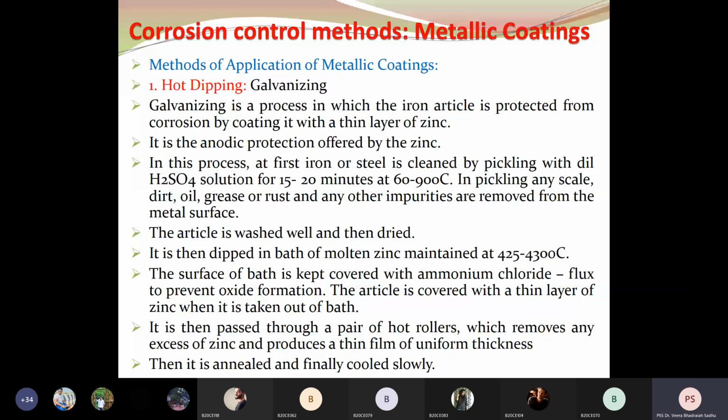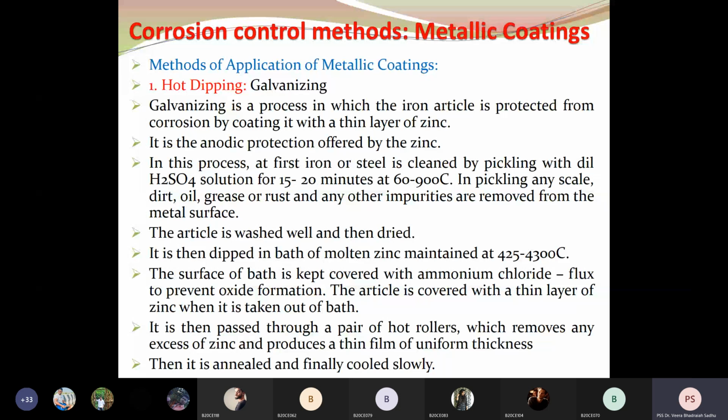For example, first you take the zinc and heat it until it melts. Then you take the iron rod, dip it into the zinc and take it out. So the zinc is coated on top of it.